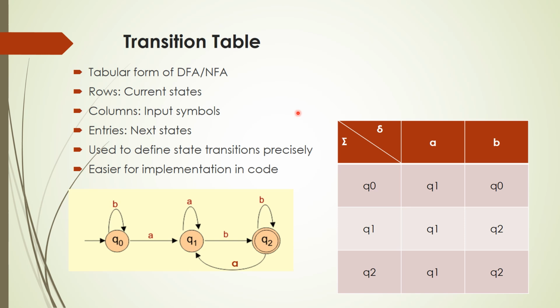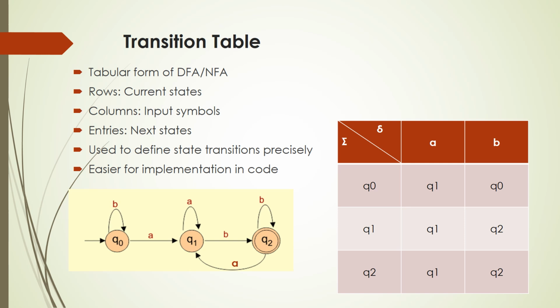As we see the transition table and transition diagram in this video, one question may be raised in your mind. Why are these representations important? Because they help us understand the behavior of automata, whether DFA or NFA, step by step. They are essential for constructing and analyzing automata, especially when solving problems in compilers, lexical analyzers and pattern recognition. They form the base for converting NFA to DFA and for minimizing DFA.